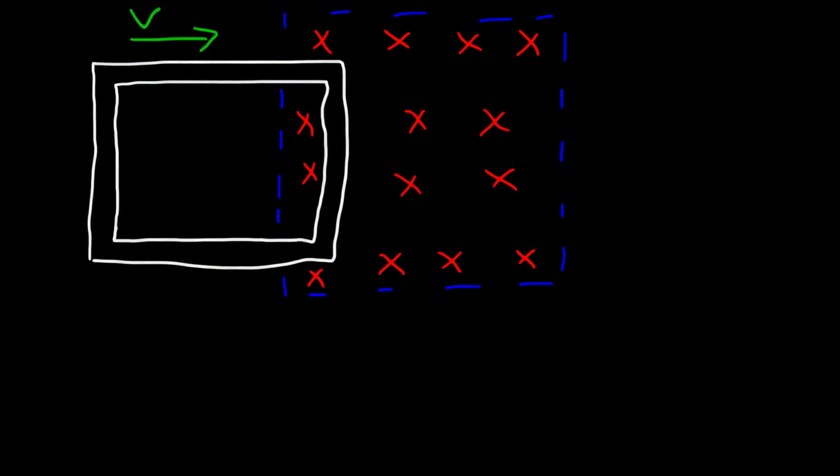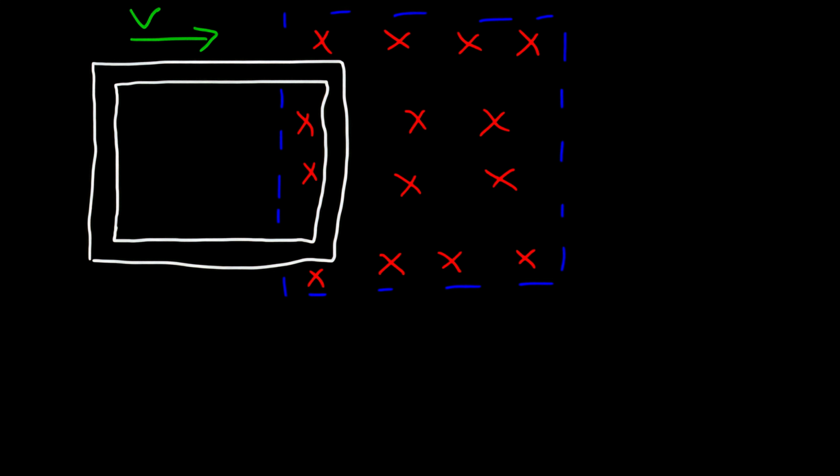And let's say the magnetic field is going into the page everywhere in this region. What is the direction of the induced current if the conductor is moving into the magnetic field? Is the current traveling clockwise or counterclockwise in this rectangular loop? So feel free to pause the video and use Lenz's law to figure this out.